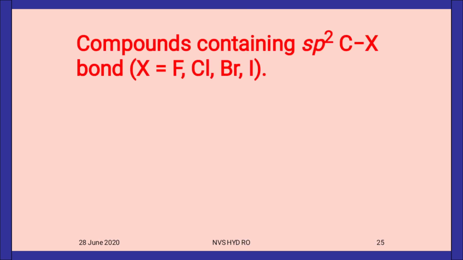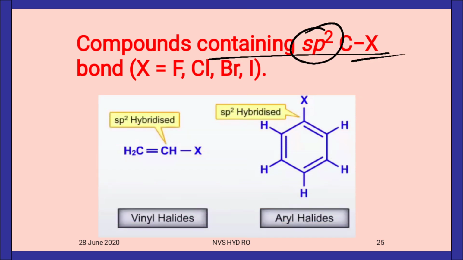अब देखो, नेक्स्ट आता है कंपाउंड कंटेनिंग sp2 हाइब्रिडाइज्ड C-X बॉन्ड्स. अब इसकी क्लासिफिकेशन दो टाइप से होती है: एक विनाइलिक और दूसरा एराइल. Vinylic halides are the compounds in which the halogen atom is bonded to an sp2 hybridized carbon.